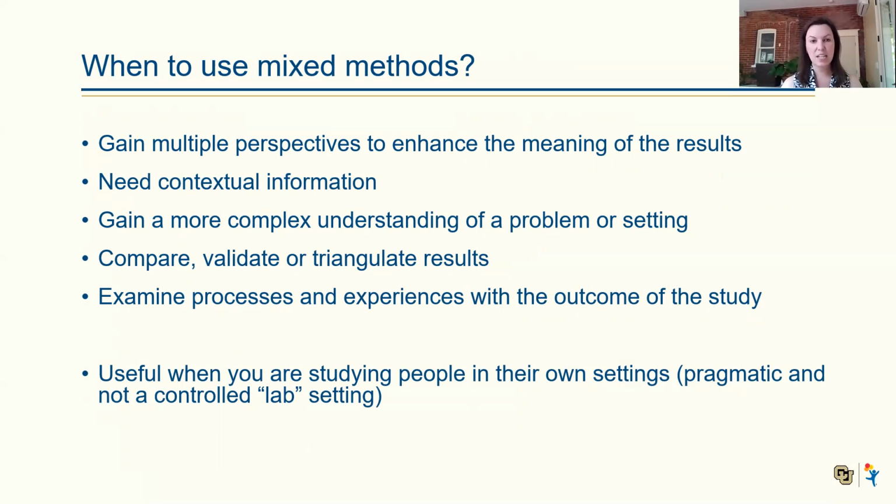Sometimes you need contextual information to really understand the context in which a problem occurs or the setting. Sometimes you'll use the qualitative and quantitative to help compare, validate, or triangulate your results. And then finally, you might think about examining processes or experiences with the outcomes of your study.